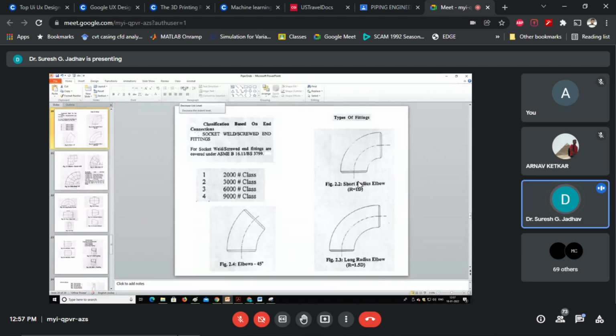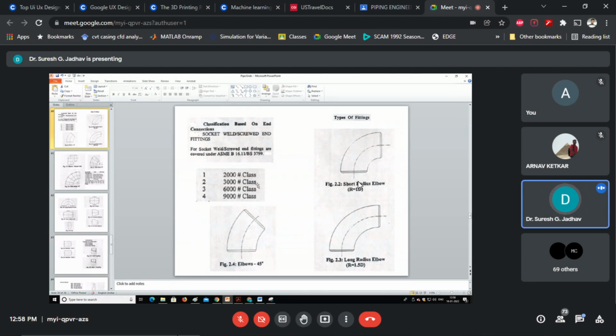This class is applicable to both screw and socket weld fittings. See the difference: the earlier 2000 class is applicable only to screw fittings, now 3000 class is applicable to both screw and socket weld fittings.